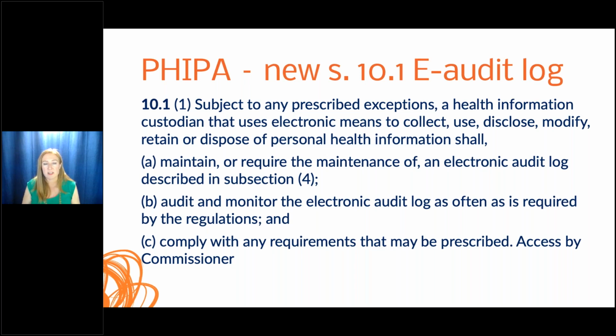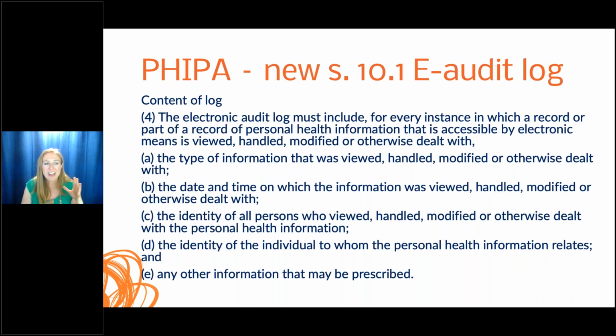So in your practice, if you're a custodian, you want to make sure you're speaking with your electronic health record provider to find out the logging capabilities of your system and see if it meets these standards. So it's section 10.1. Any of you who have to do this, I've left the detail in these slides.